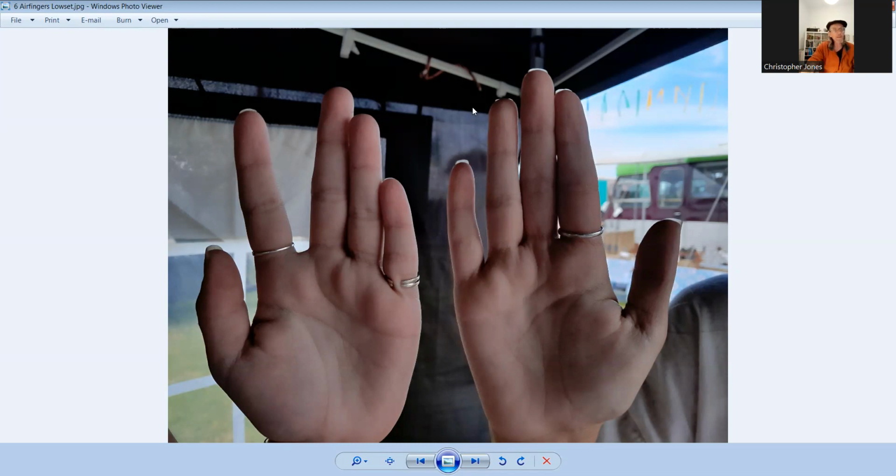So what we've got in the fingers, as I said, the fingers are to do with the psychological factors of somebody's mind.